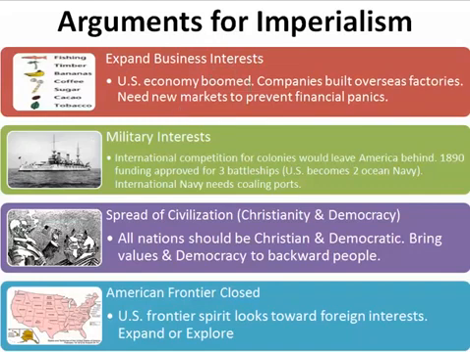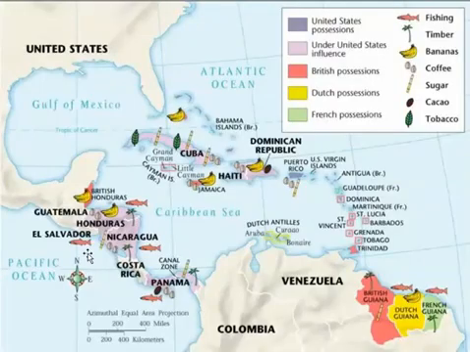Now it's in a decline, and these companies were building overseas factories, and they needed new markets to prevent a financial panic like happened in 1893. And so some of those goods we looked at a few moments ago: bananas and fish, timber, coffee, sugar, cocoa, and tobacco. And in Hawaii, pineapples and a few other fruits that we could use.